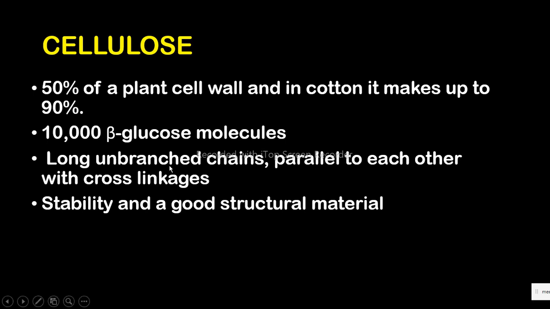But now because cellulose forms straight chains, the cross linkages are formed between two adjacent chains of cellulose, and then you form the straight chain structure of cellulose. Unlike starch, whose cross linkages are formed within the same chain.